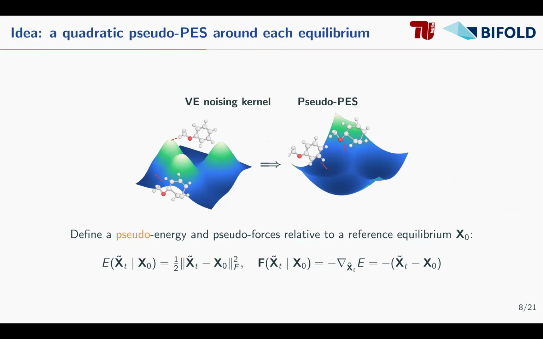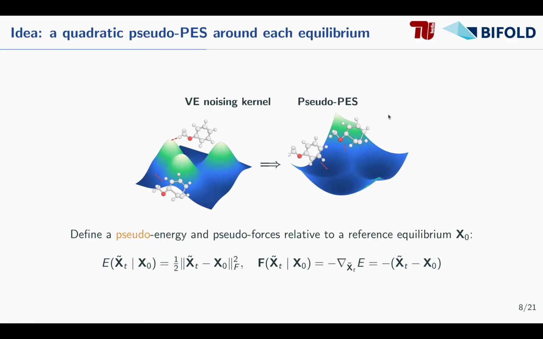And the temperature governs the noise level of this forward noising diffusion process. So for the rest of this presentation, I want to take this idea and show how we can make a trainable model from this and how we can use this trainable model in order to sample stable molecules and also steer the generative process.